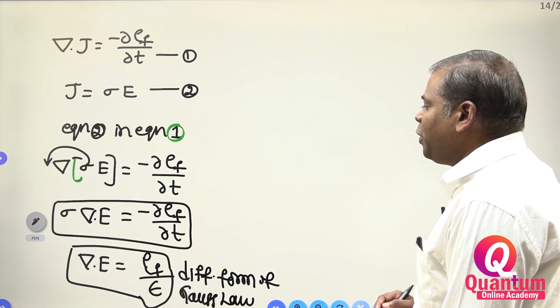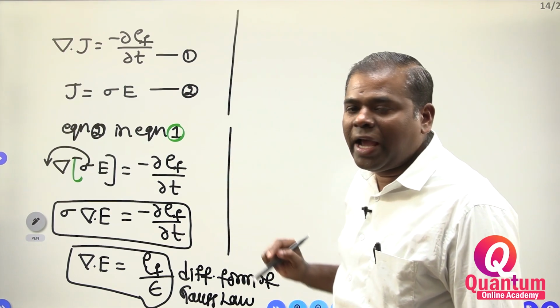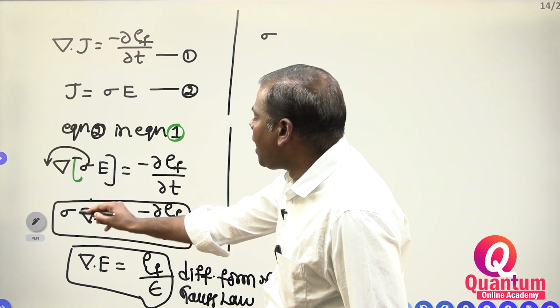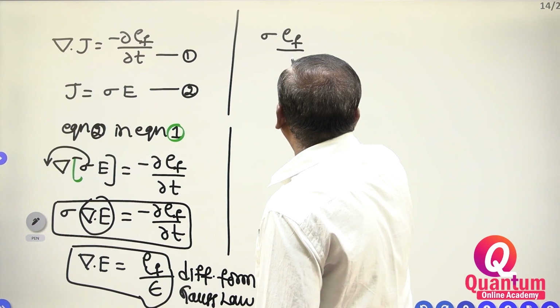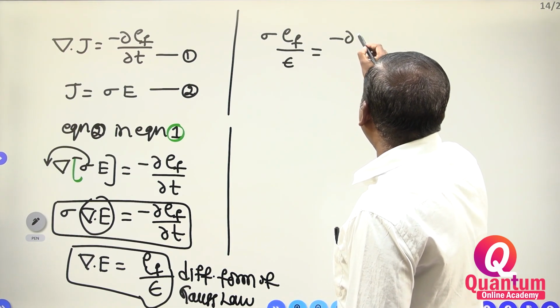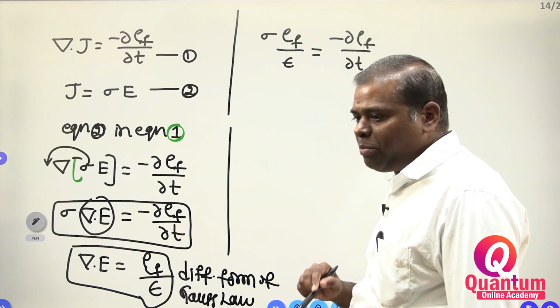Therefore, sigma into del dot E is equal to rho f by epsilon is equal to minus dou rho f by dou t.